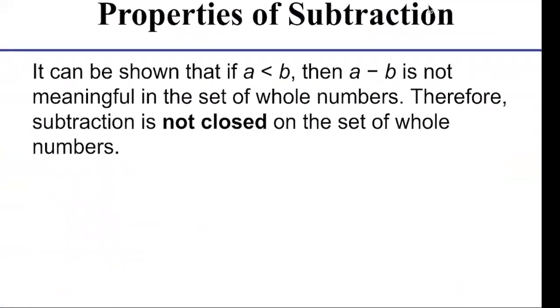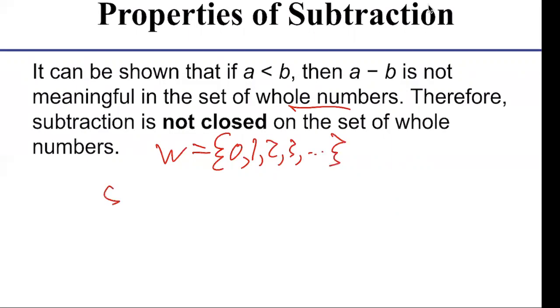This closure thing, we'll finish with this. Set of whole numbers. If A is less than B, okay, 5 is less than 9, then A subtract B, 5 subtract 9 is negative 4.